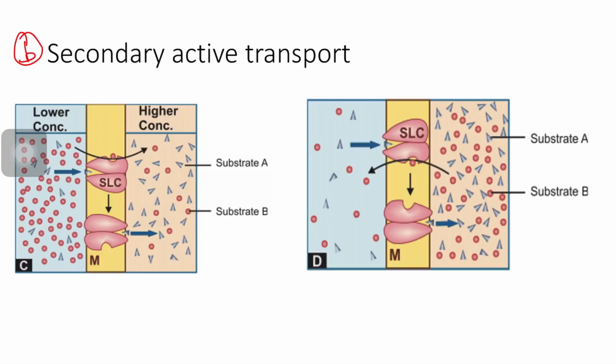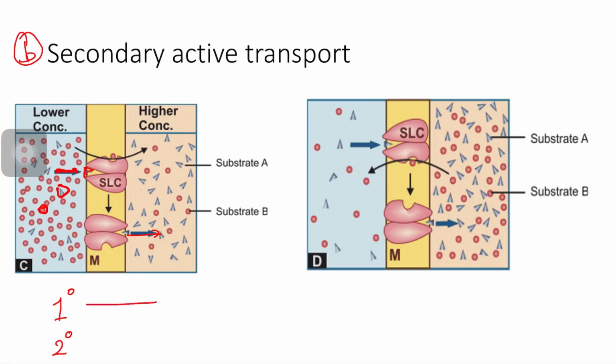But what happens in secondary active transport? Apart from this triangular shaped primary molecule, we also have a secondary molecule which is round shaped. So there is movement of both the primary as well as the secondary molecules. In this figure, the primary molecule, which is triangular, is transported from lower concentration to higher concentration.